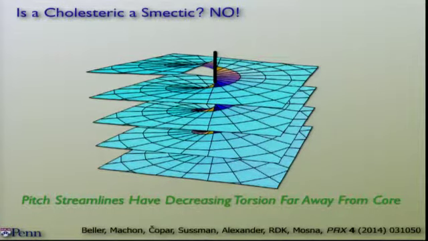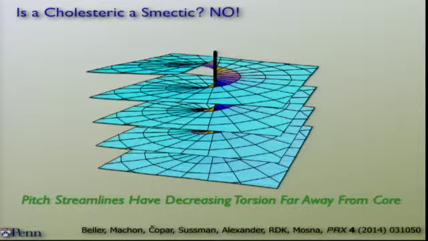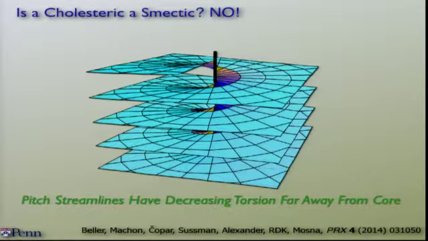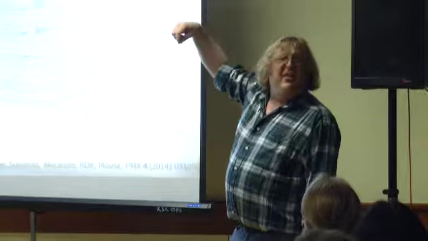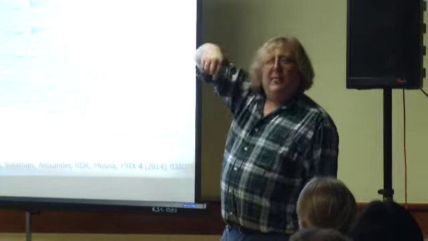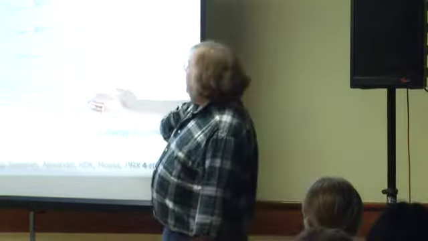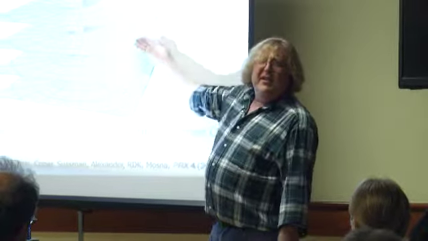And if the normal to this is supposed to be a pitch axis, these are supposed to be the directions. The pitch axes are these helices that go very softly around here. In the middle, they go around really fast. Far away, they go around really slowly, which means their torsion is going to 0. They're becoming straight lines. But if the torsion's going to 0, then it can't have this periodicity.